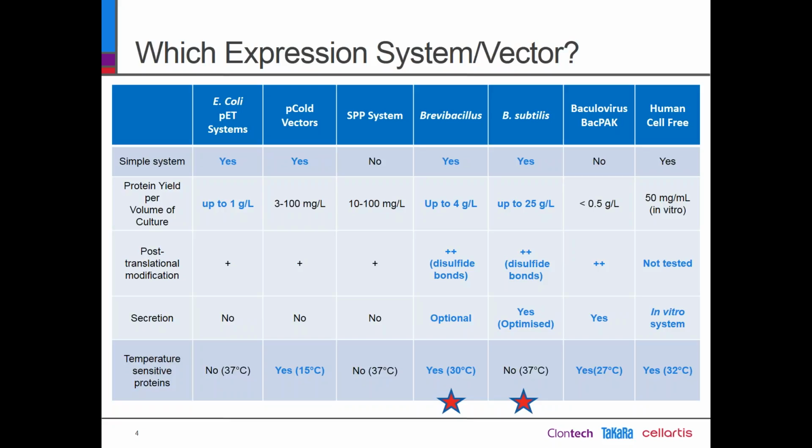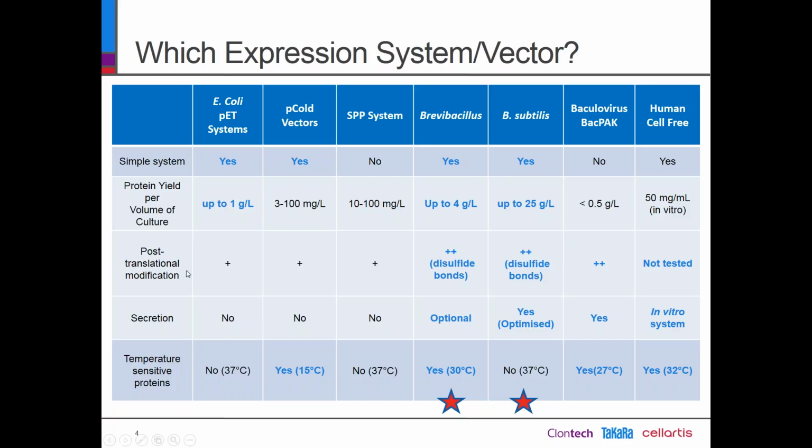You really work in very small volumes, so when I say that the yield is lower, I mean that the total amount of protein that you will typically get out of it is lower for these kinds of systems. And it also means that upscaling is a bit more difficult to do with a human cell-free system than it is for bacteria, where you can just add a few more flasks or use bigger beakers to get more protein.